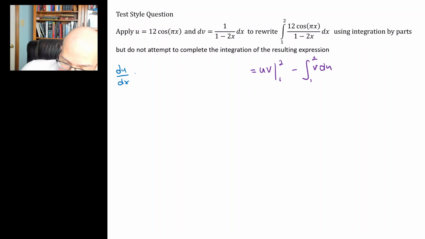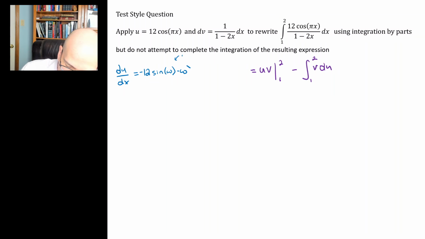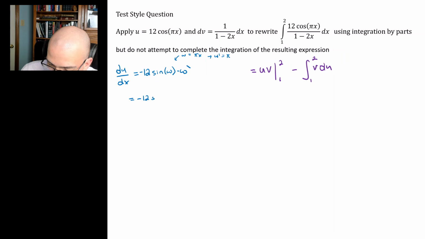When we take the derivative of 12 times the cos of πx, we'll have 12 times negative sine of w times w prime. We have to use the chain rule, where w is equal to πx. So w prime is equal to π. So a negative 12 sine of πx times π.